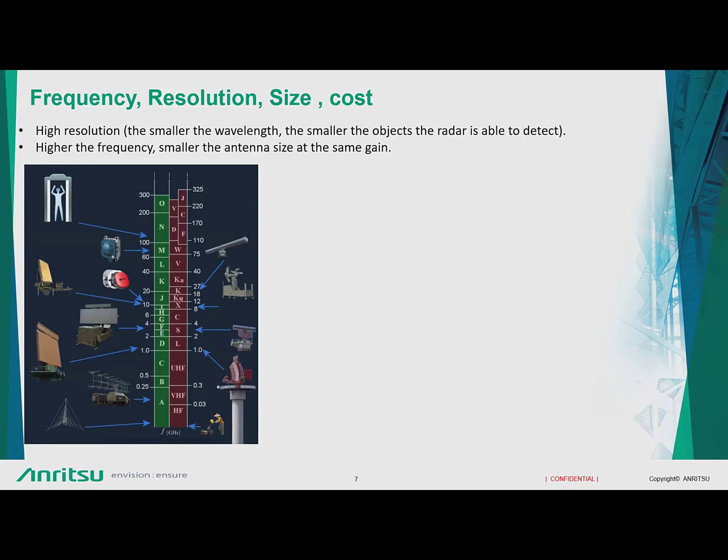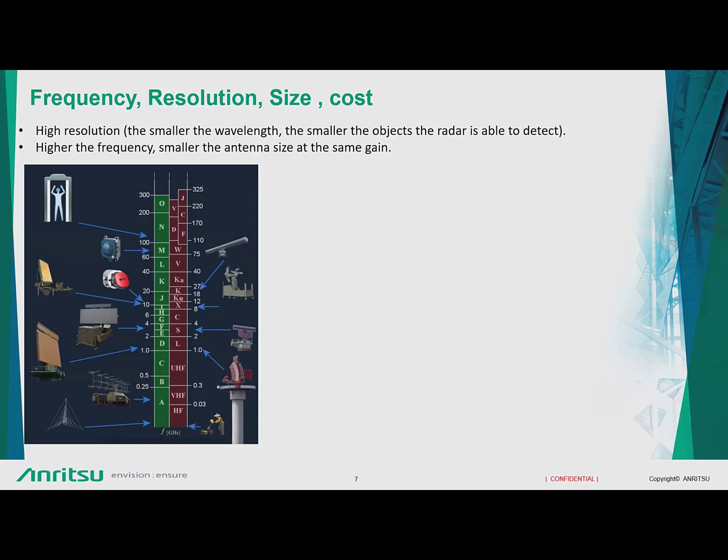And of course, higher the frequency, smaller the antenna size, with the same gain. So the advantage with higher frequency radar systems is that, number one, they are small in size, number two, there is no compromise on the gain of the antennas, and number three, they are lesser in cost as well.